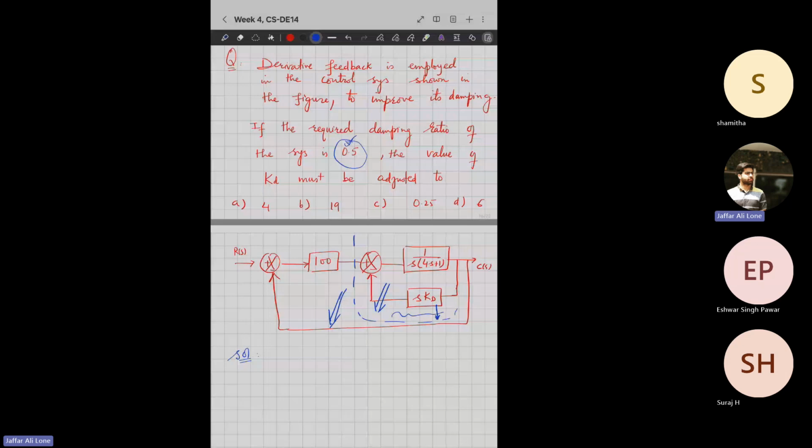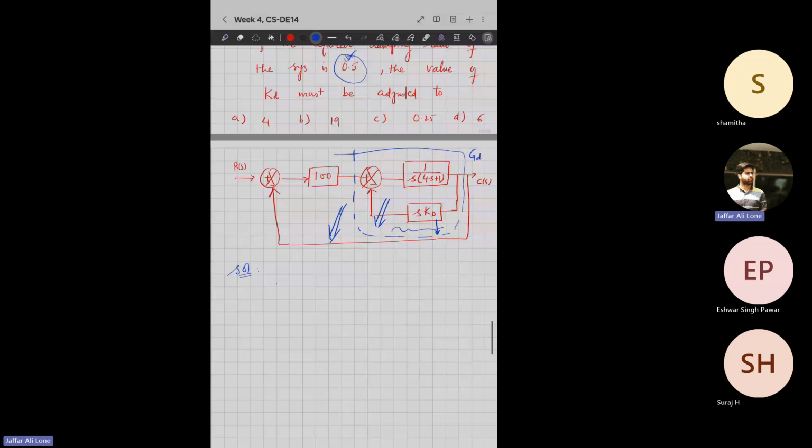Okay. So what will be my GD? My GD, it's negative feedback. So my GD will be 1 divided by S into 4S plus 1, divided by 1 plus 1 divided by S into 4S plus 1 into S into KD, right?